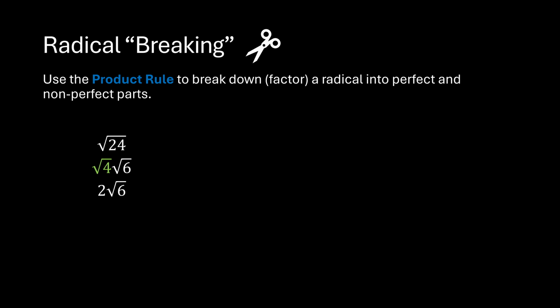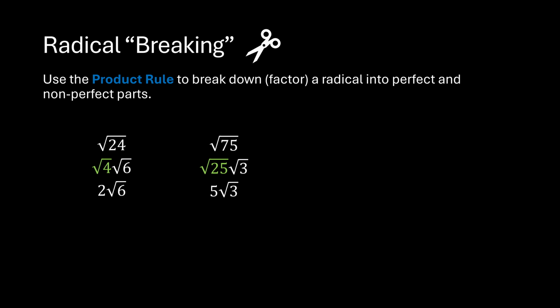Remember, there's a number that multiplied by itself equals 4, and that, of course, is 2. So we can take square root 4 and square root 6, and that equals square root 24. But now we can turn that square root 4 into a 2. And so square root 24 is more simply 2 square root 6.